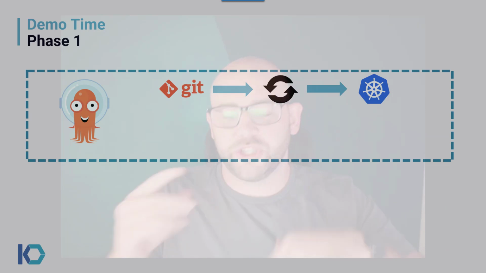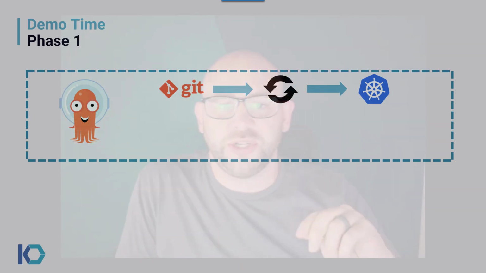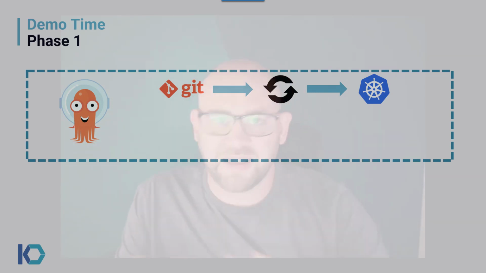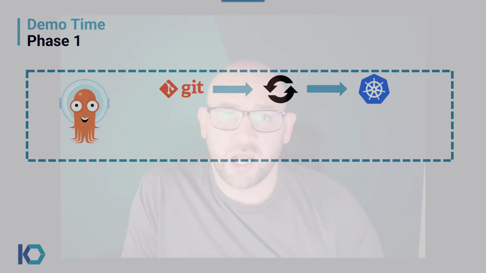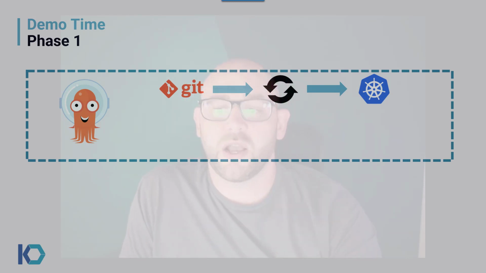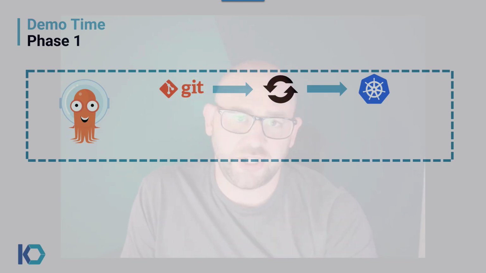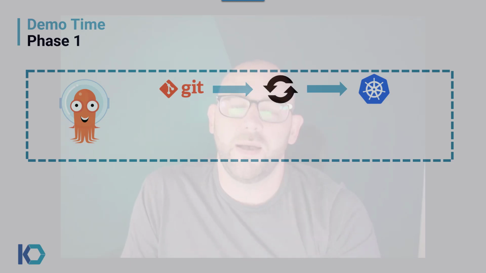So just to quickly walk through what this demo is going to look like for the rest of the session, at the moment we have a blank Kubernetes cluster. So the idea behind this is we're going to go and deploy Argo CD. We're going to set Argo CD up with our application, and we're going to deploy that application out. It's going to be a simple MySQL. It's actually going to be a pet clinic, so a very tiny database with some pet information in there.